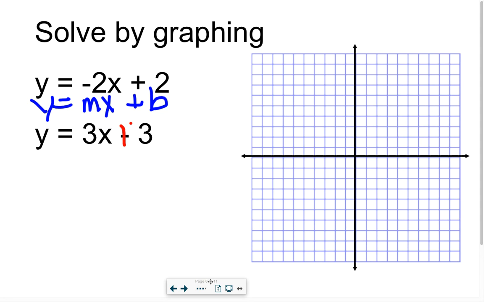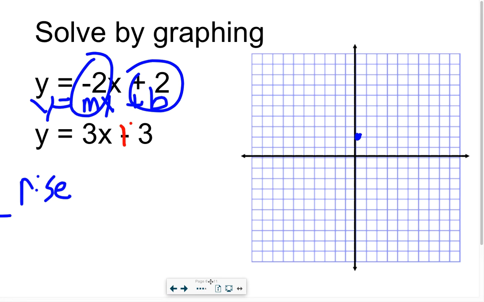I'll go as quickly as I can here so that notes don't take up too much time. Start right away. First line, our y-intercept is at 2, so put a dot there. And now we've got this m, the slope. Remember that was rise over run. If I have a slope of -2, that means I'm going down 2 over 1.